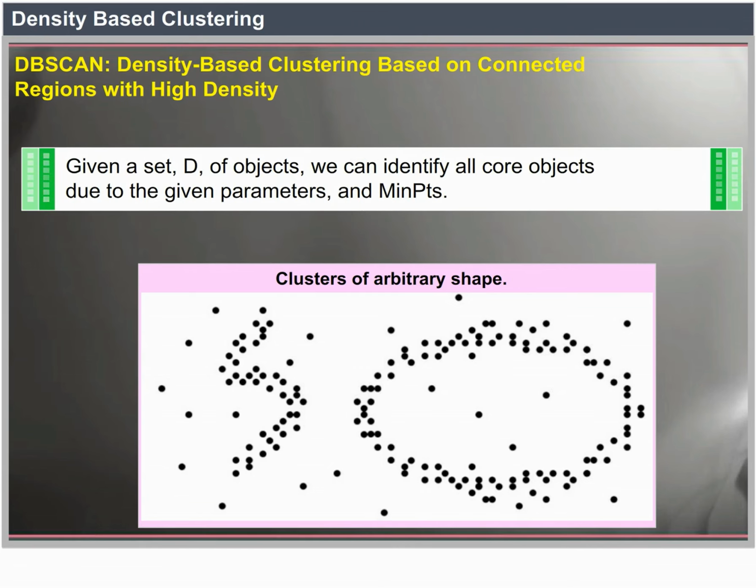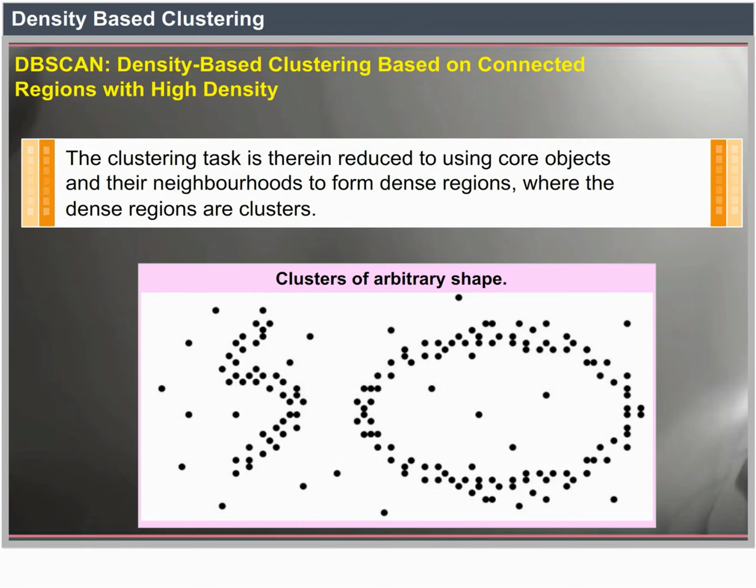Given a set D of objects, we can identify all core objects with respect to the given parameters epsilon and min points. The clustering task is then reduced to using core objects and their neighborhoods to form dense regions, where the dense regions are clusters.